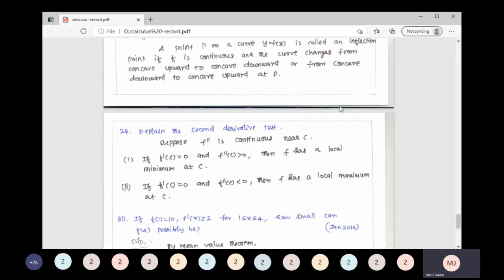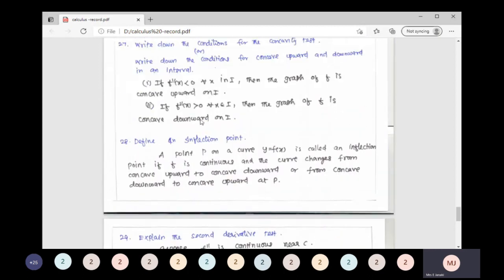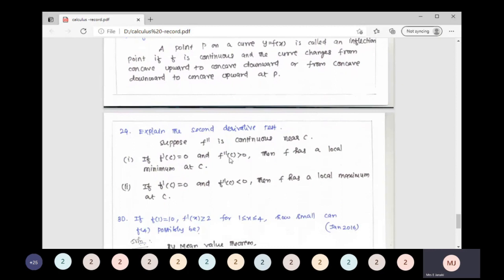Concave upward is nearly equivalent to the function having a local maximum at c. Similarly, if f double dash of c is greater than 0, then the function is concave downward, and the function has a local minimum at c. This is the second derivative test.